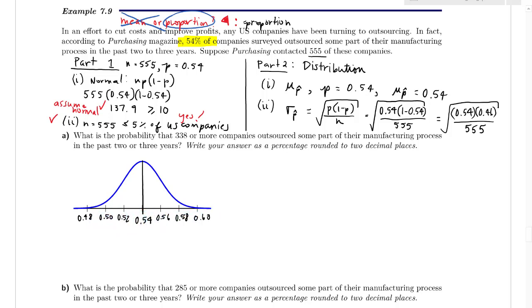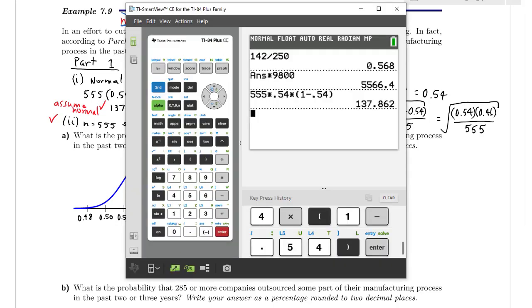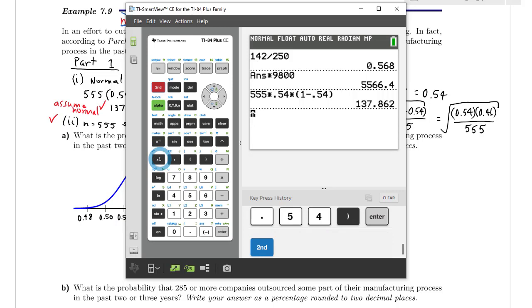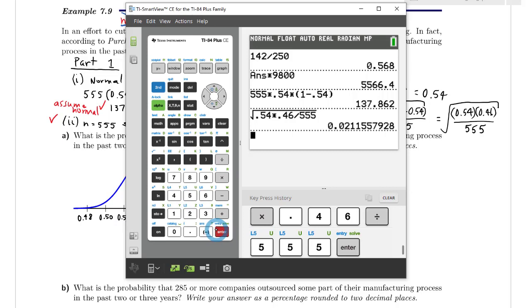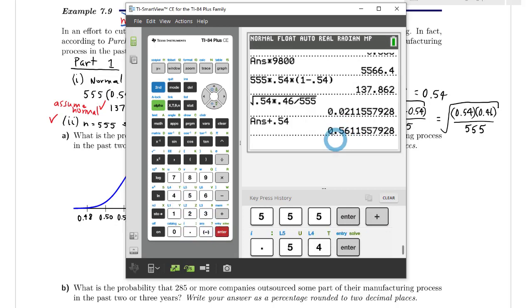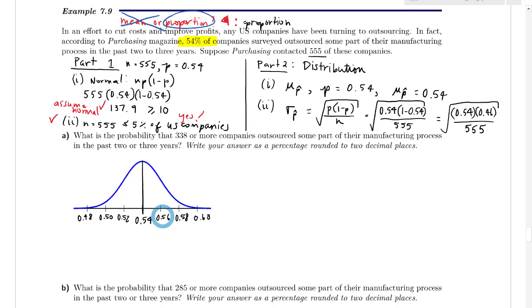And again, you can always label them by taking the standard deviation in the calculator, in case you forgot from the other video, like the 0.54 times 0.46 divided by 555, right? And then just add, like if I added 0.54, I get the 0.56 that I see here.